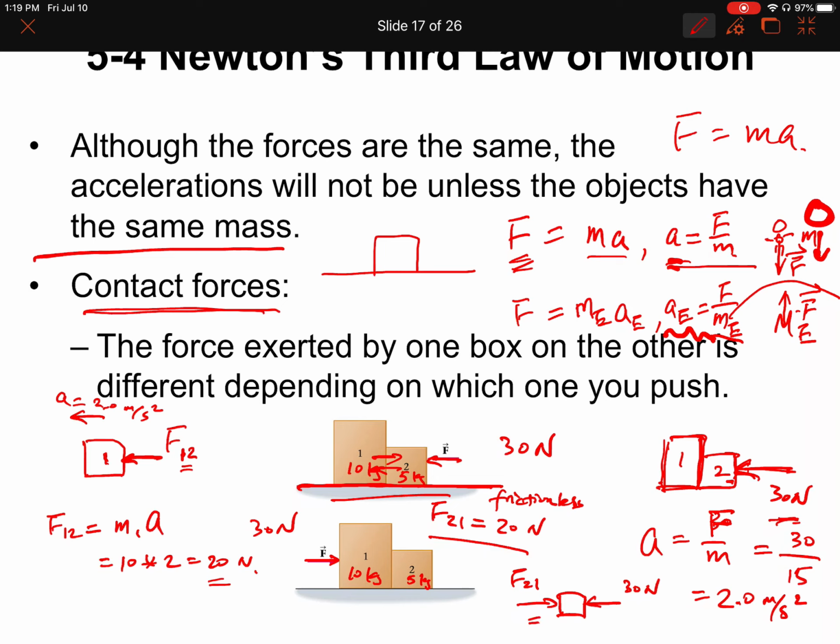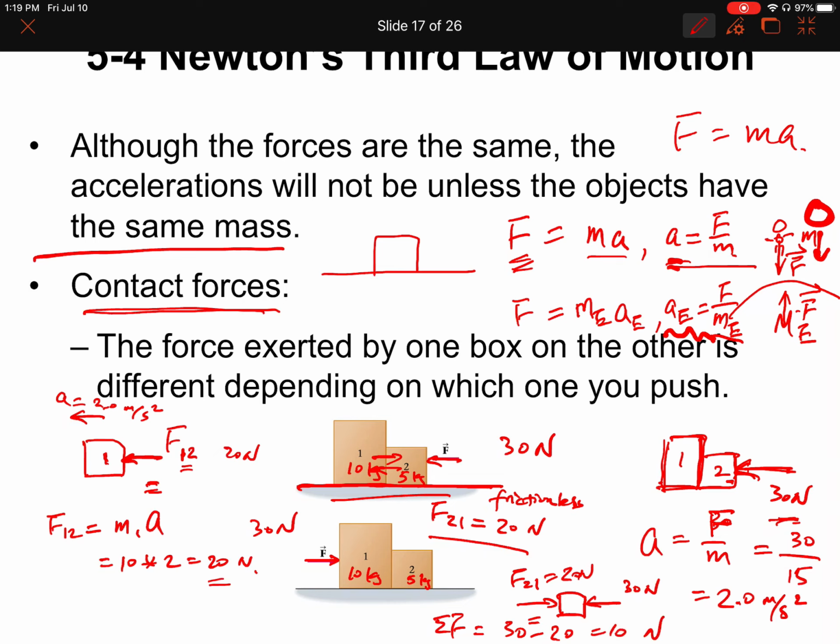This force is the Newton's law pair of that force, so this is 20 Newton left. This will be 20 Newton right. So what's the net force on box 2? Net force on box 2 equals 30 minus 20, equal to 10 Newton.